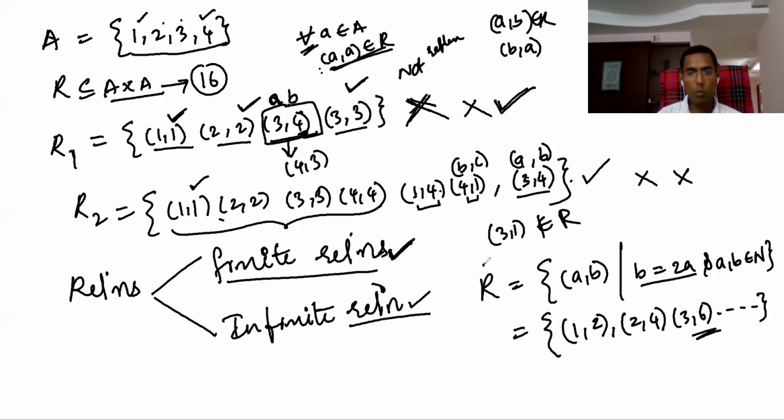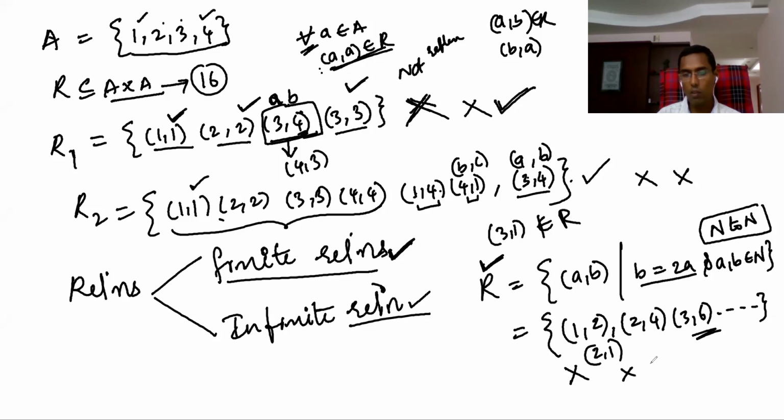I did not talk about this infinite relation before. This relation is from N to N. Is it reflexive? No, it's not reflexive, because 1 comma 1 should be there, but it's not, since B equal to 2A would need 1 equal to 2. Is it symmetric? No. 1 comma 2 will be there, but 2 comma 1 will not be there.